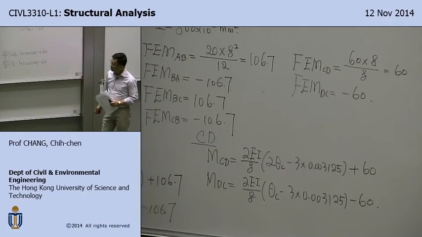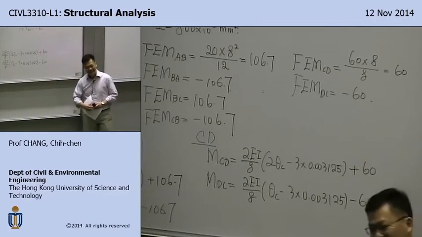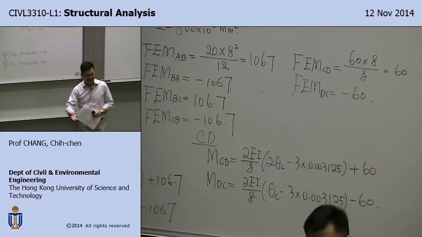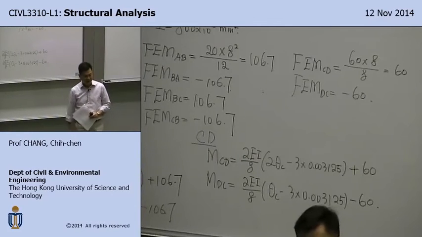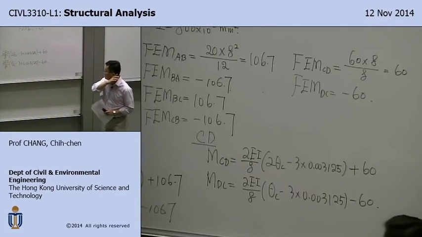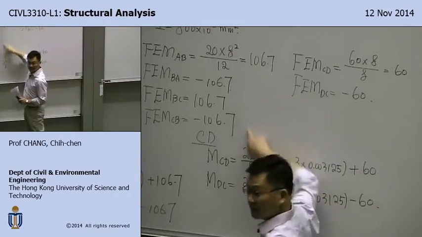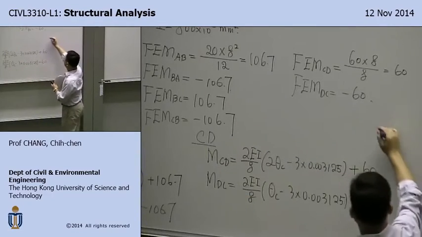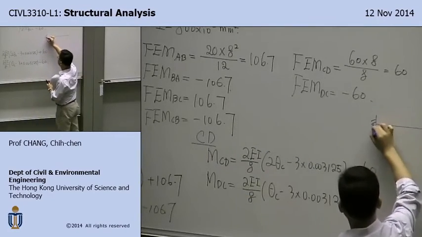Why is there a deflection at point C? Oh, that's a settlement. You know what settlement is? Yeah, it's a settlement. Because the ground is soft, so it settled. Yes? It's from here.